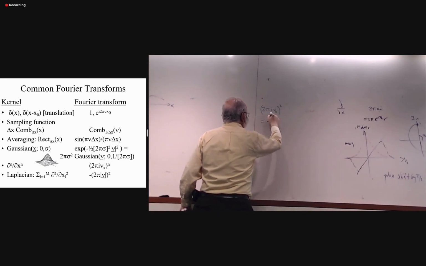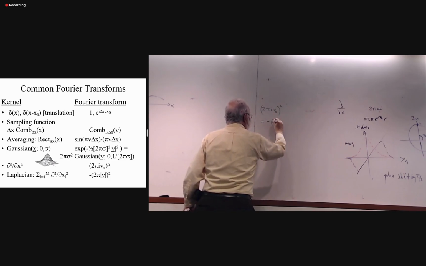Since i squared is minus 1, it's minus 4 pi squared nu x squared.